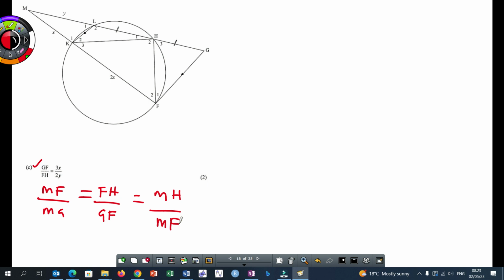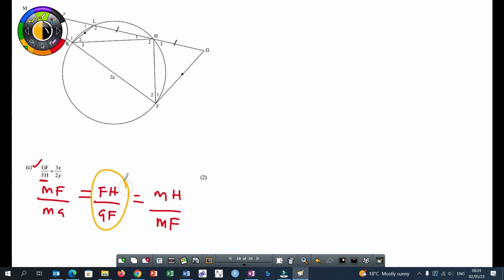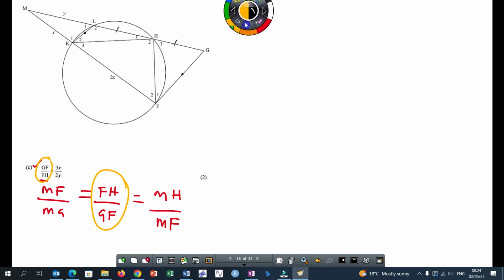Now if you look at it using common sense, here we have got GF over FH, which is the same as this one here, but GF is a numerator. So I'm going to interchange all the numerators, swap them with the denominators. So I'm going to need this ratio because that's similar to that. Then based on the information, if we go back to the diagram, can I have your attention here, please?